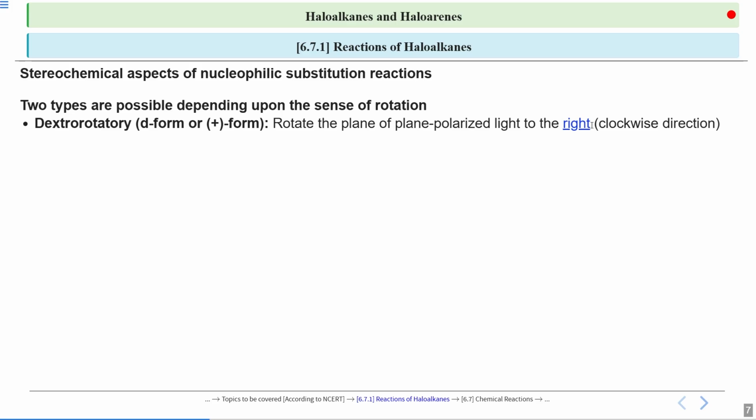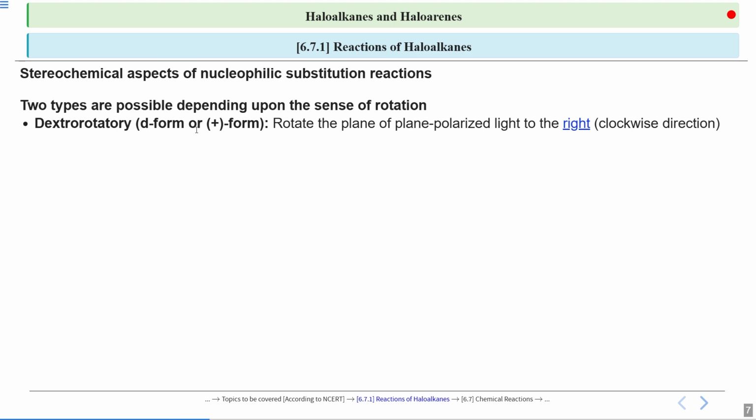Clockwise direction means, like in a clock, if you start from 12, after 12 the clock goes to 1, right? After 12 it will be 1 o'clock, then 2 o'clock. So in the clockwise direction, that means the right direction, if the compound is rotating the plane of plane polarized light, that compound is called dextrorotatory.